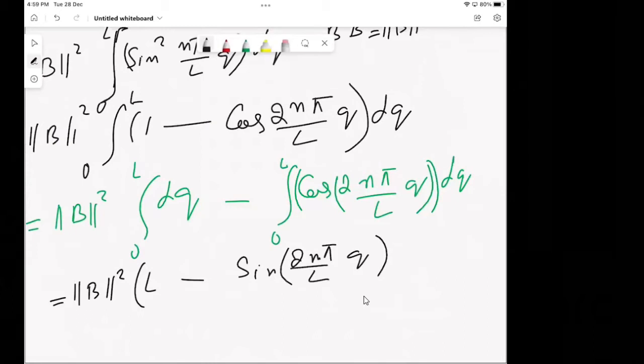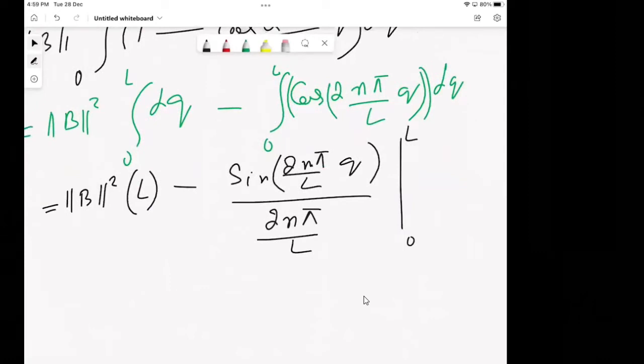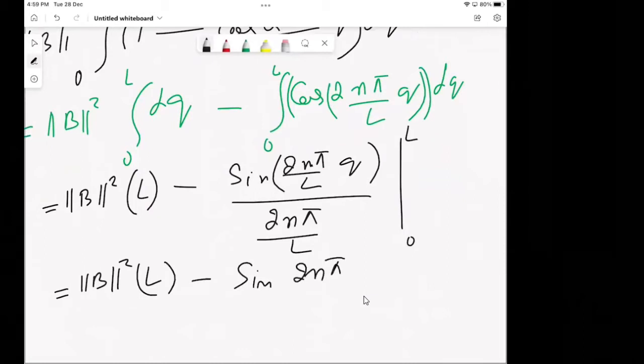But when we take the derivative of this, 2n pi, this will be divided by 2n pi over L, and the integration of the derivative of q with respect to q is 1, so that remains from 0 to L. The value is changing from 0 to L. If we put this value, then sine 2n pi L, if I put the L and L, this L will be cancelled with this L, divided by L multiplied by 2n.